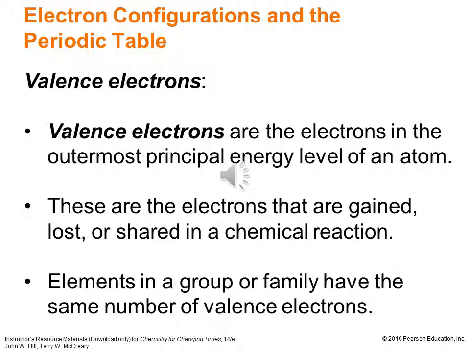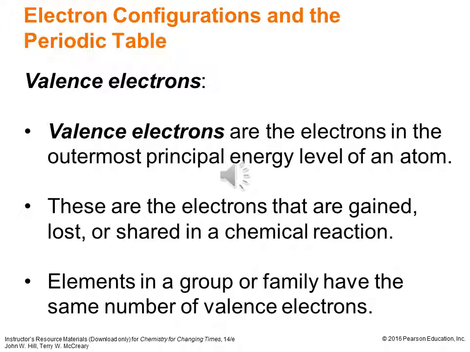The metals tend to do the losing, so the leftmost elements on the table within a period would have their valence electrons lost until they get to a stable electron configuration, one like the noble gas that precedes them. The nonmetals tend to gain electrons, so they tend to gain enough electrons to get them to the noble gas configuration that follows them.